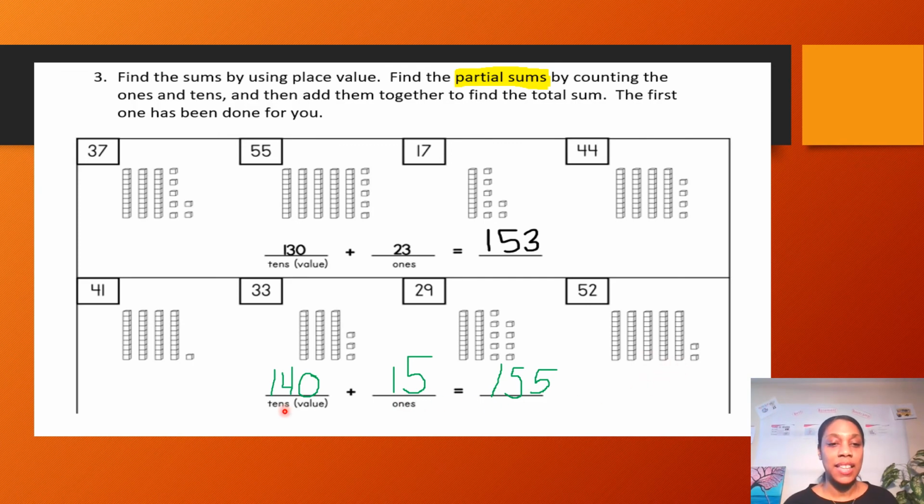Then I move to the ones blocks. I have 15 ones. When I add 140 plus 15, my total would be 155. All right, let's move on to the next slide.